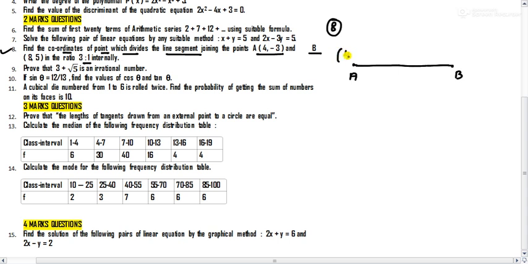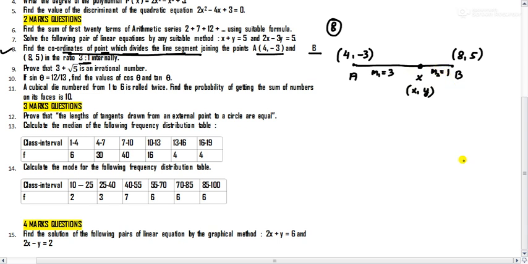The coordinates of A is 4, minus 3. Coordinates of B is 8, 5. And they have told us we have to find the coordinates of the point which divides this line in the ratio 3:1. So somewhere over here there is a point x, y. We don't know its values, but we know it is dividing this part in the ratio 3, m1, and here m2 in the ratio 1.